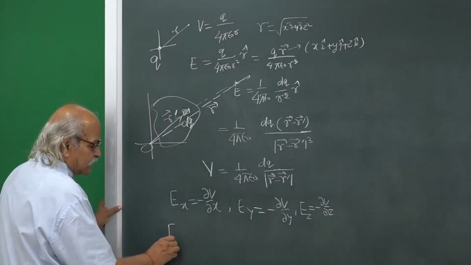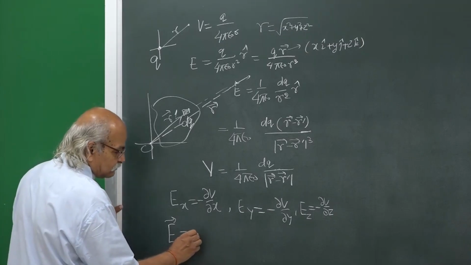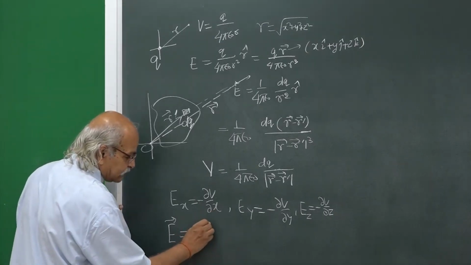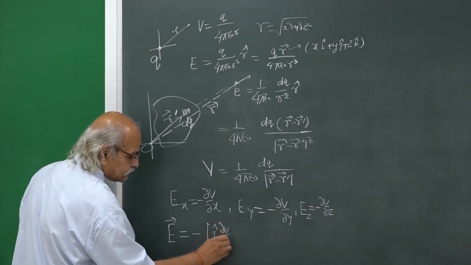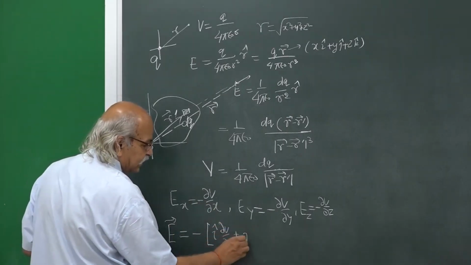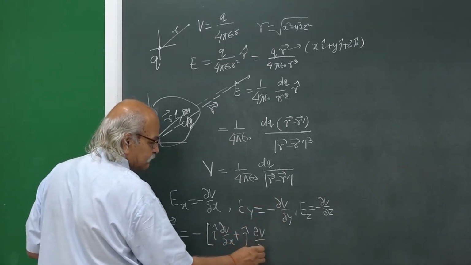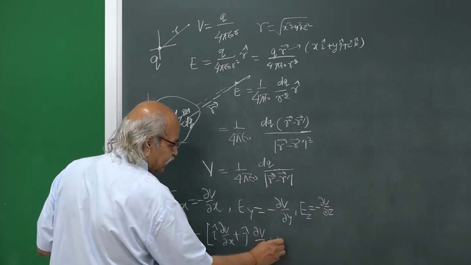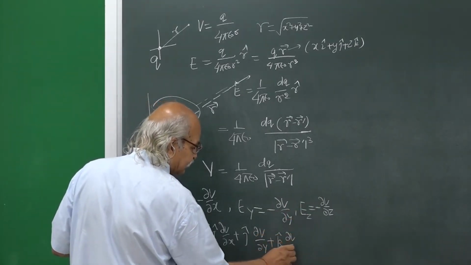And you can write in the combined form E is equal to minus, and then i cap del v del x plus j cap Ey, that is del v del y, and then plus k cap del v del z.